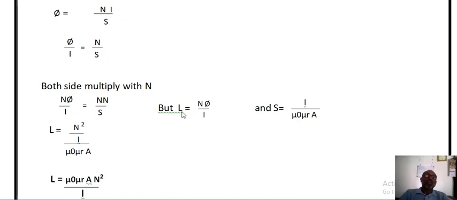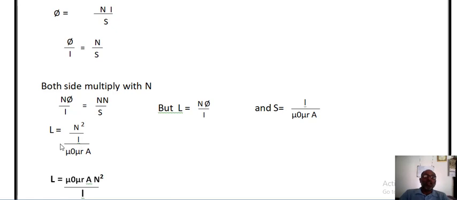So we can put the value of L and S in this equation. Here L is nothing but N phi by I, which is equal to N square by S. Just put the value of this S in this equation.